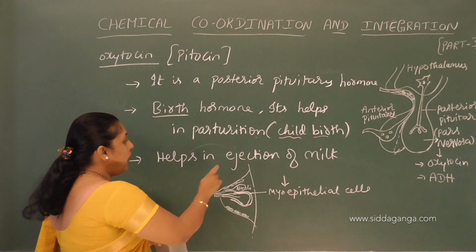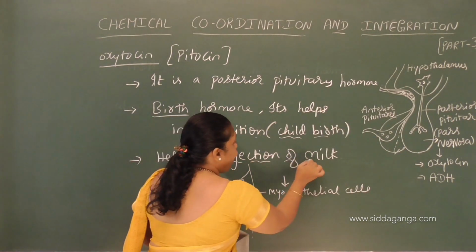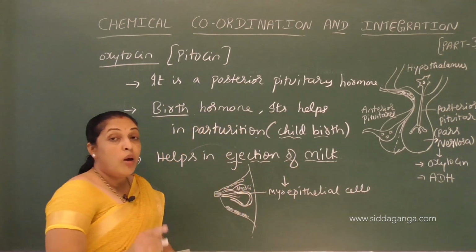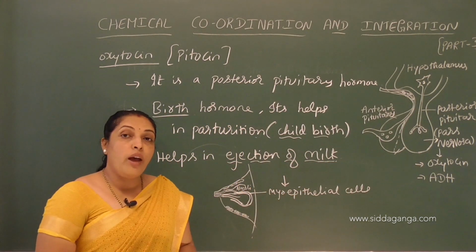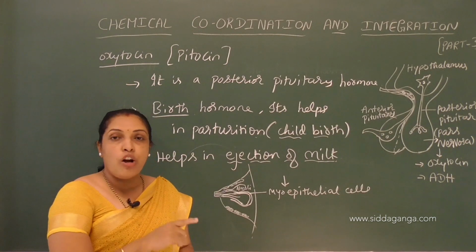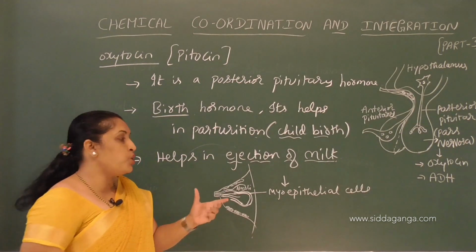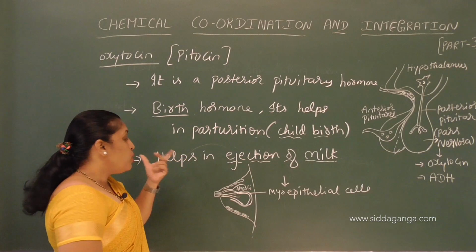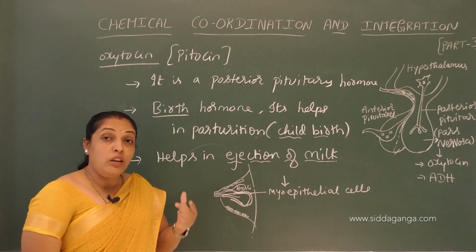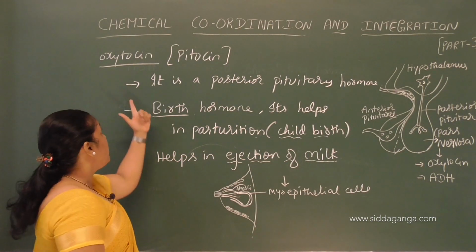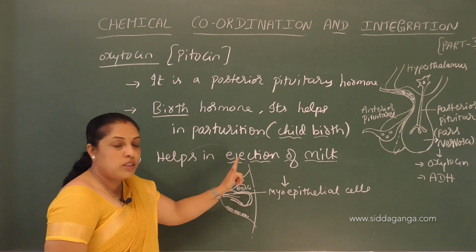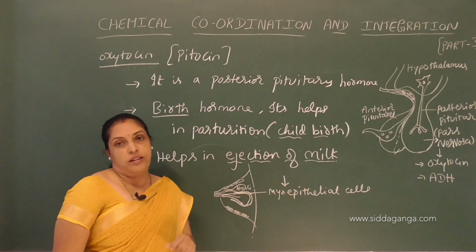In that way, it helps in ejection of milk. Note, prolactin hormone helps in production of milk. In competitive exams you have to look at the question carefully. So prolactin helps in production of milk, whereas oxytocin helps in ejection of milk.